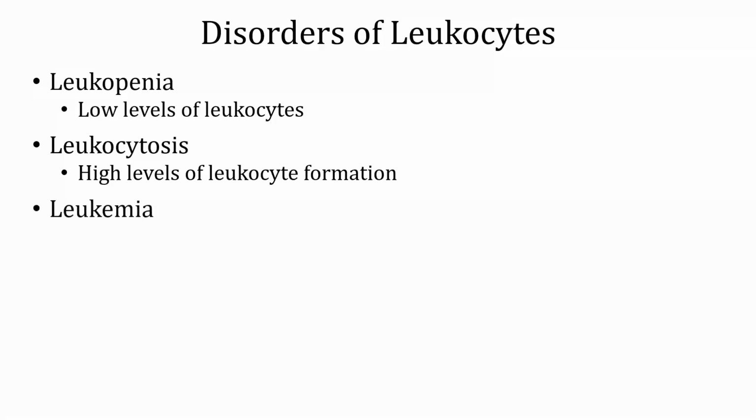Leukemia is a cancer of the leukocytes, and there are 2 different kinds of leukemias. There's a myeloid leukemia. That would be a cancer of any of the white blood cells that come off of the myeloid lineage. There's also a lymphocytic leukemia, which would be a leukemia of the lymphocytes.